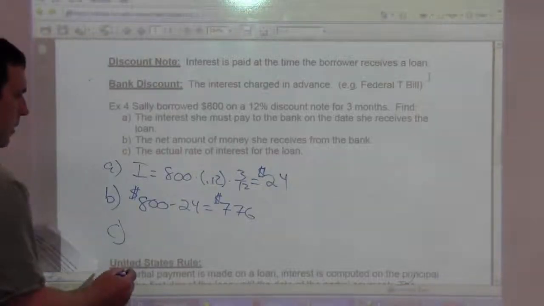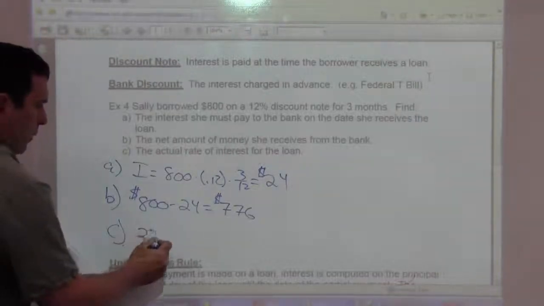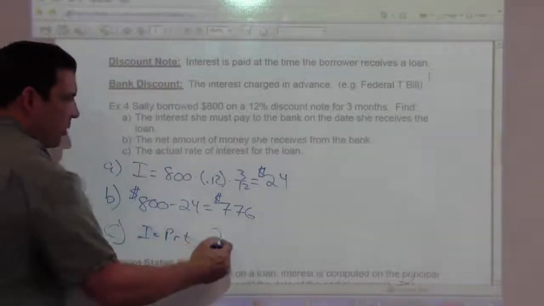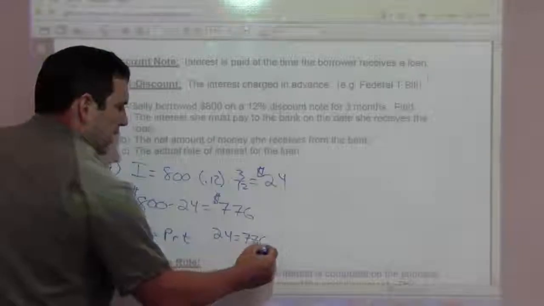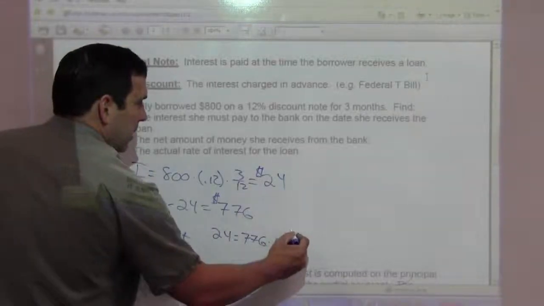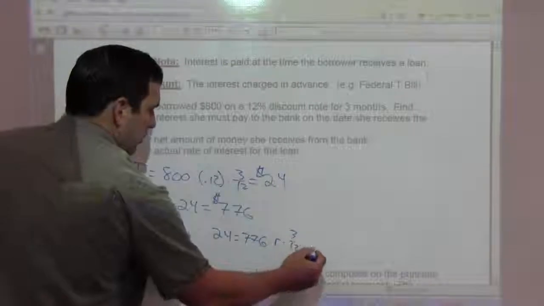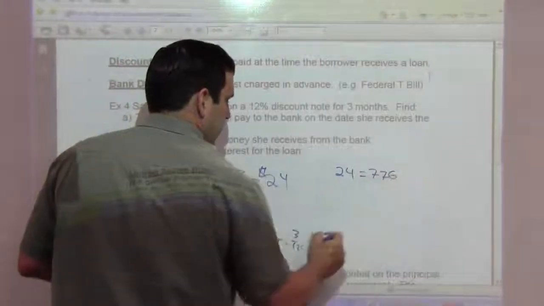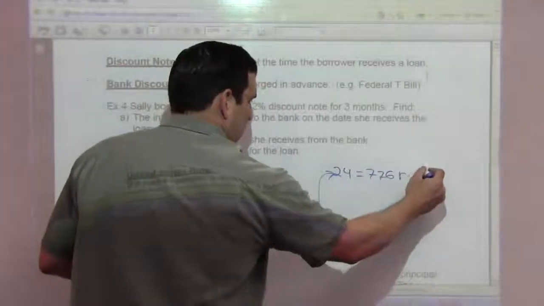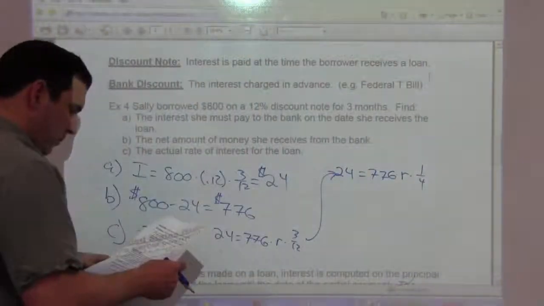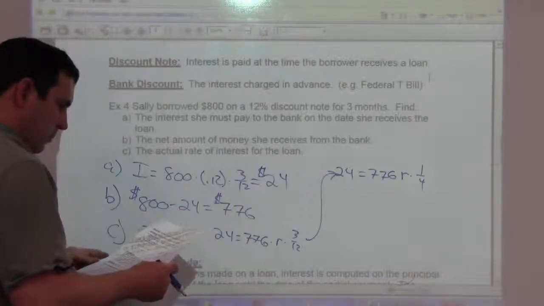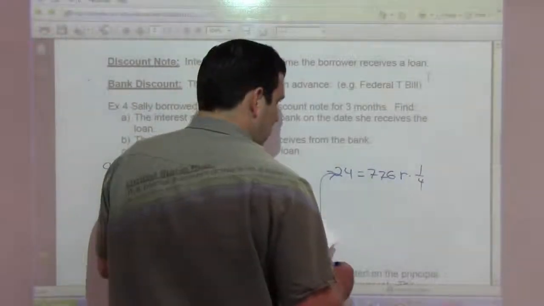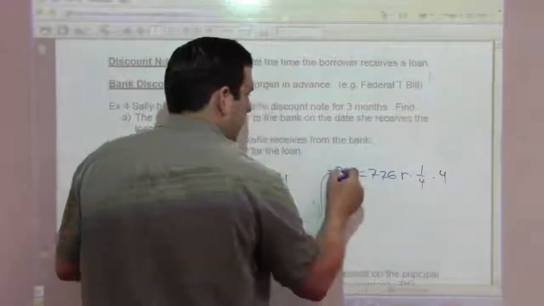So for part C, I'm doing interest equals principal times rate times time. So 24 equals 776 times the rate times the time, which is 3 months. So 24 equals 776 times R times 1/4. Multiply both sides by 4.